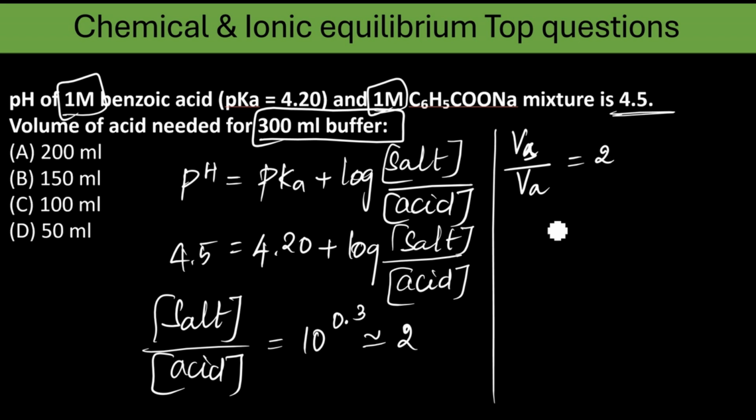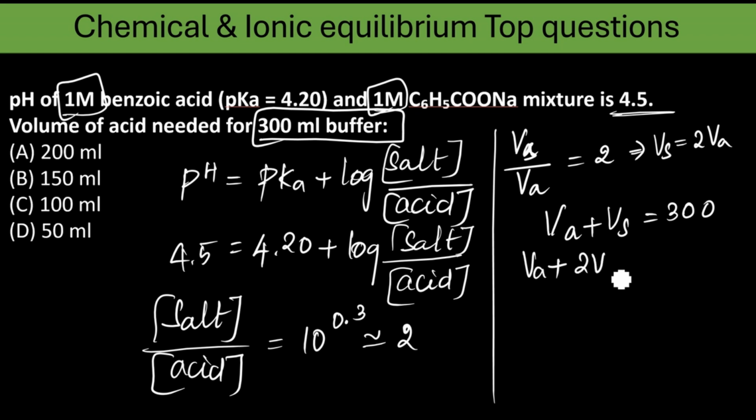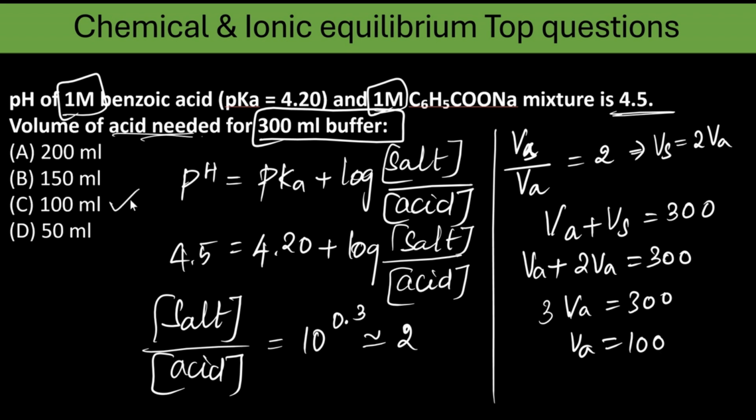Now, total volume is 300 ml, right? So Va plus Vs is equal to 300 ml. From here, Vs is equal to 2Va, right? So Va plus 2Va is equal to 300. 3Va is equal to 300. Va is equal to 100, right? So the volume of the acid needed is 100 ml.